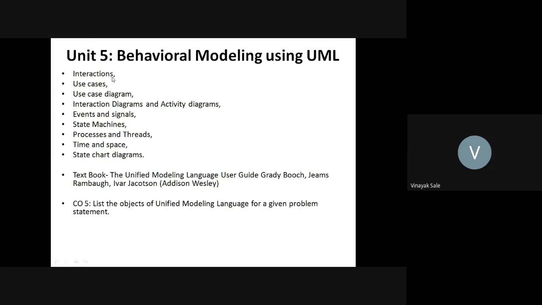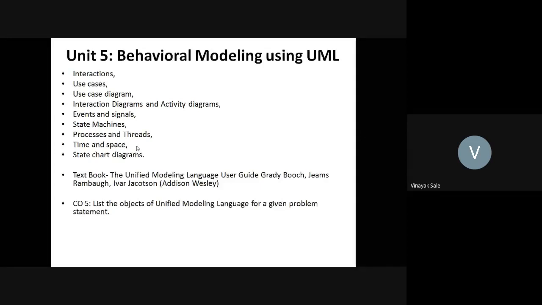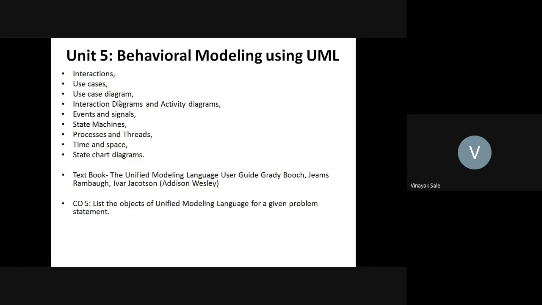This single point is a single chapter of a book. So there are nearly about 10 points, and 10 points consist of 10 different chapters. Interaction is a different chapter, use case is a different chapter, use case diagram is again a different chapter. So each point has a different chapter in your book. We'll study one by one in detail.